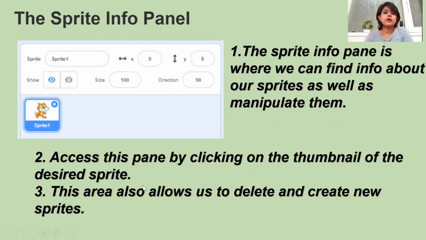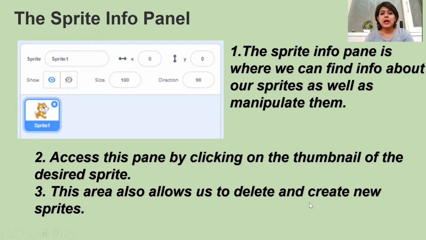Access this pane by clicking on the thumbnail of the desired sprite. Whichever sprite you want to change the information of, you have to click on that sprite. You can see the sprite is highlighted, which means it is already chosen. If there are any other sprites, you have to click on them to change any information.